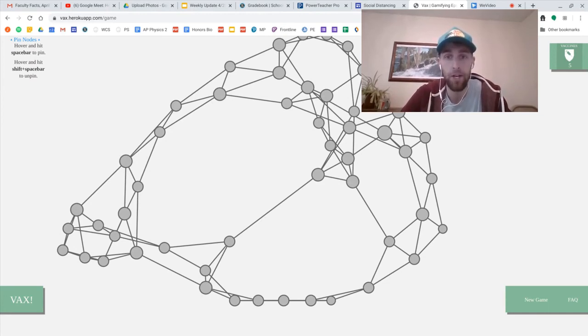And hopefully this does a good job of modeling vaccines in a population, the importance of social distancing and limiting those lines between you and other people. It really does make a difference. And feel free to share this game with other people, especially if you know someone who's kind of like, what's the deal with social distancing?